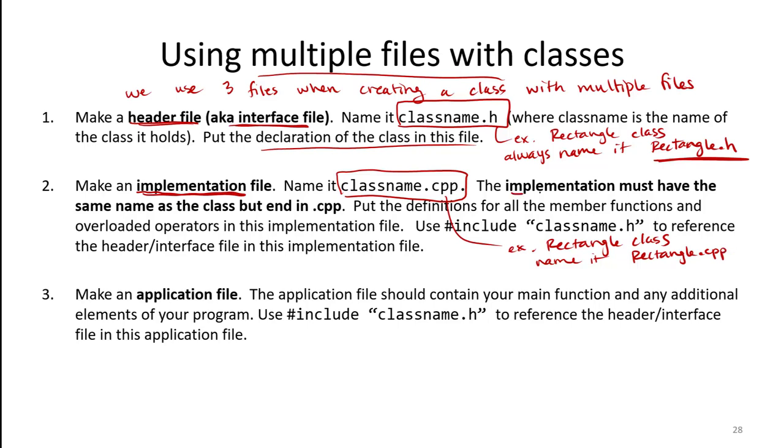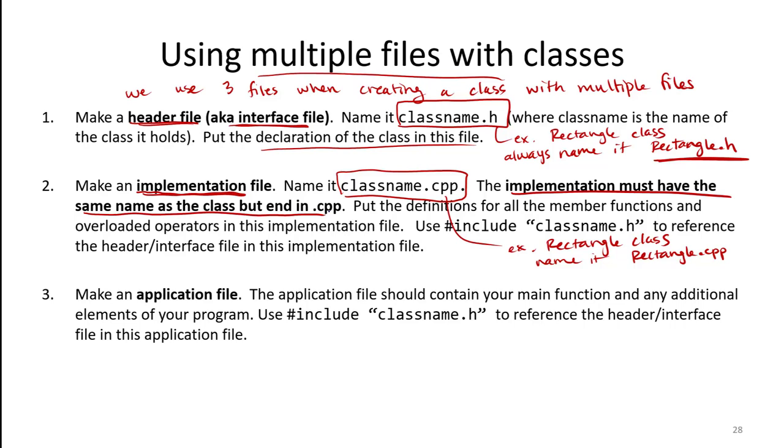Remember, the implementation file must have the same name as the class, but end in .cpp. We call this file the implementation file because it contains all the definitions for the member functions of that class. Basically, this contains all the code that tells our functions what to do.